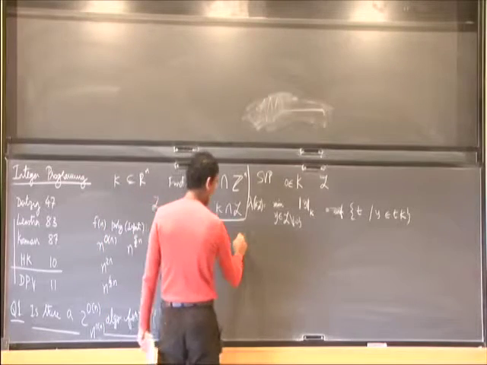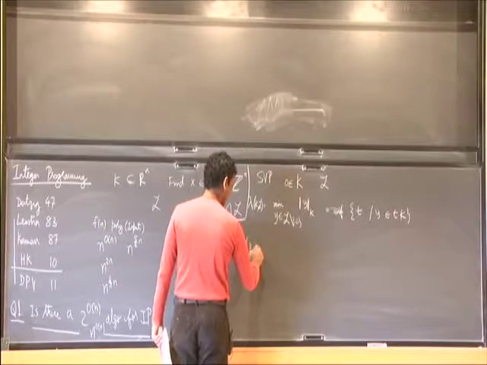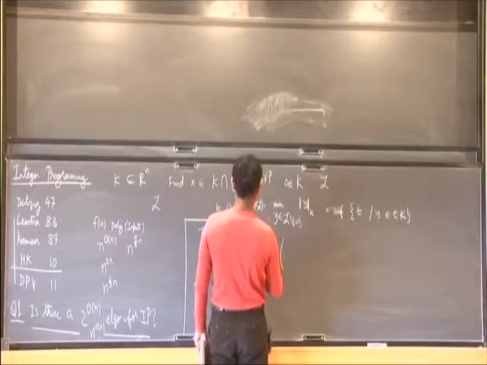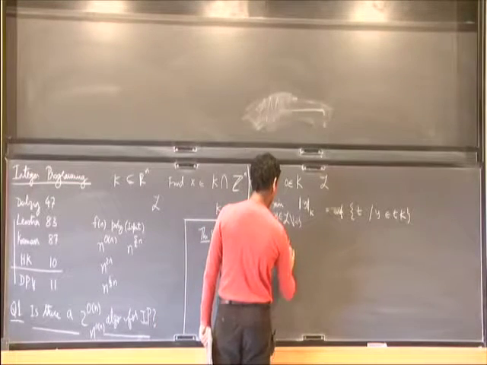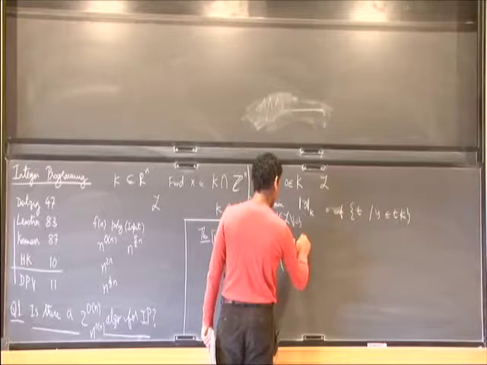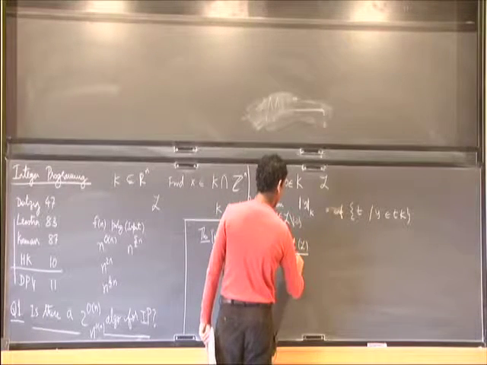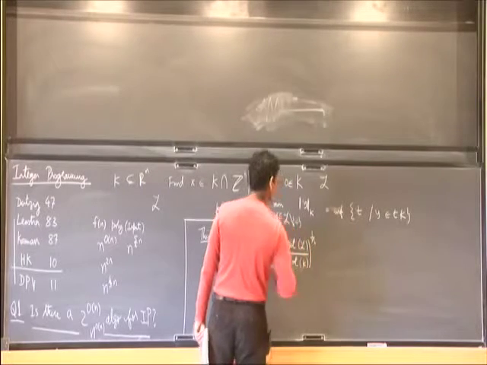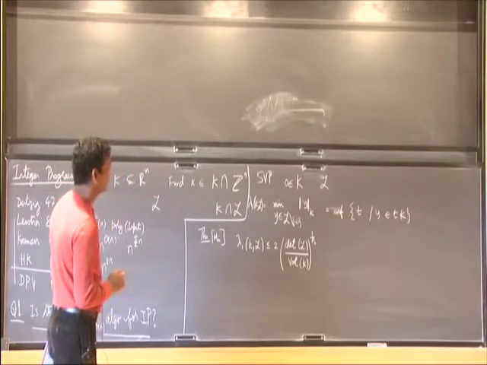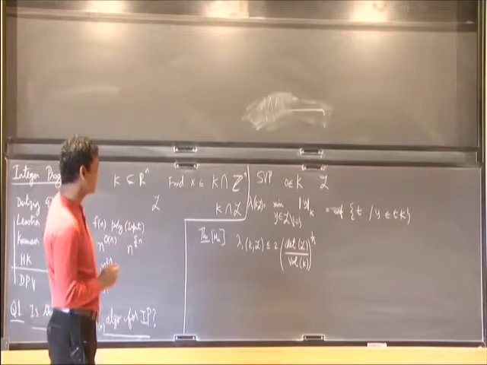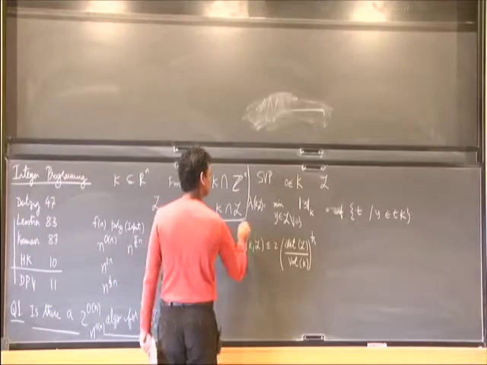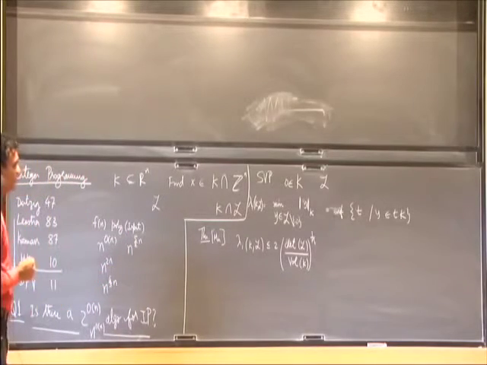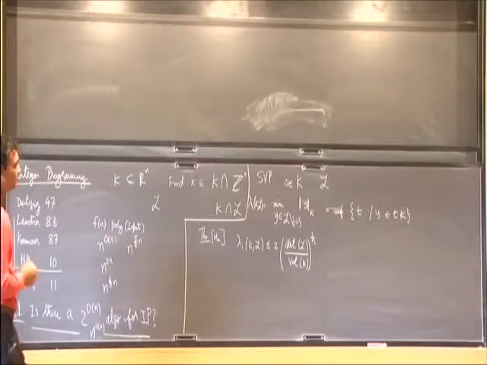The theorem says that lambda 1 of K, L is at most twice the determinant of L divided by the volume of K, to the 1 over n. This is for centrally symmetric K. So let's just assume K is centrally symmetric for now, and I'll mention it when it's not.